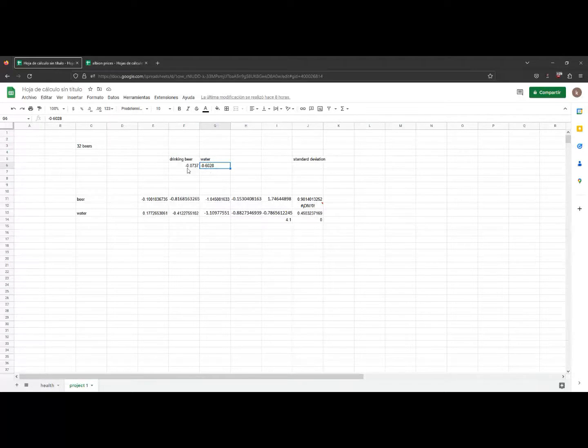Then I use those values to get the hypothesized mean and the sample mean, and the n, which will be basically the units, which will be 32 beers, right?